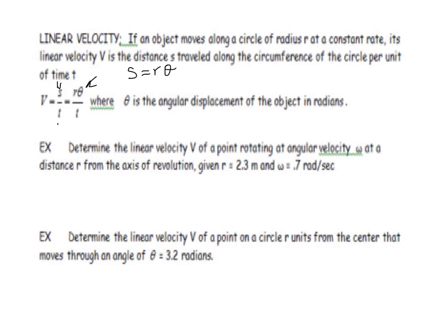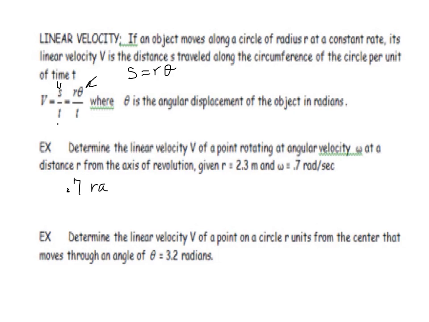All right, so we're going to determine the linear velocity of a point rotating at angular velocity omega at a distance r from the axis of revolution, given that r is 2.3 meters and angular velocity is 0.7 radians per second.